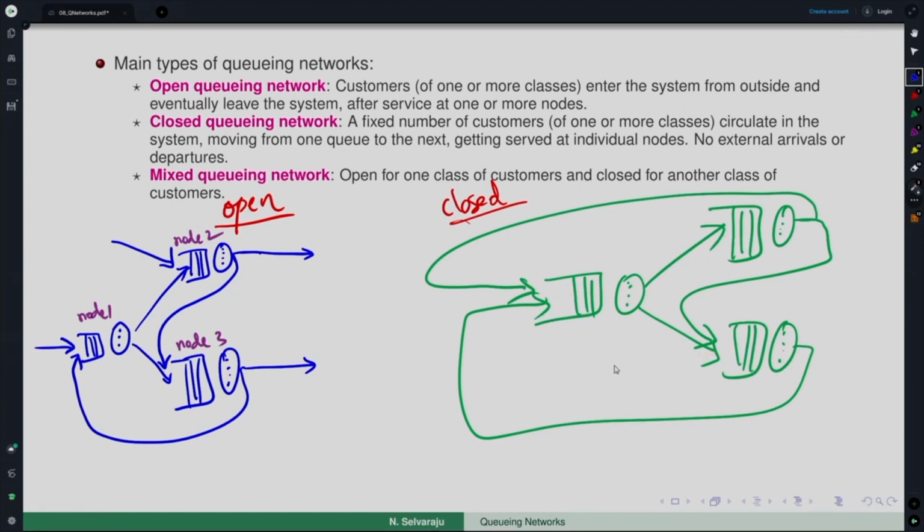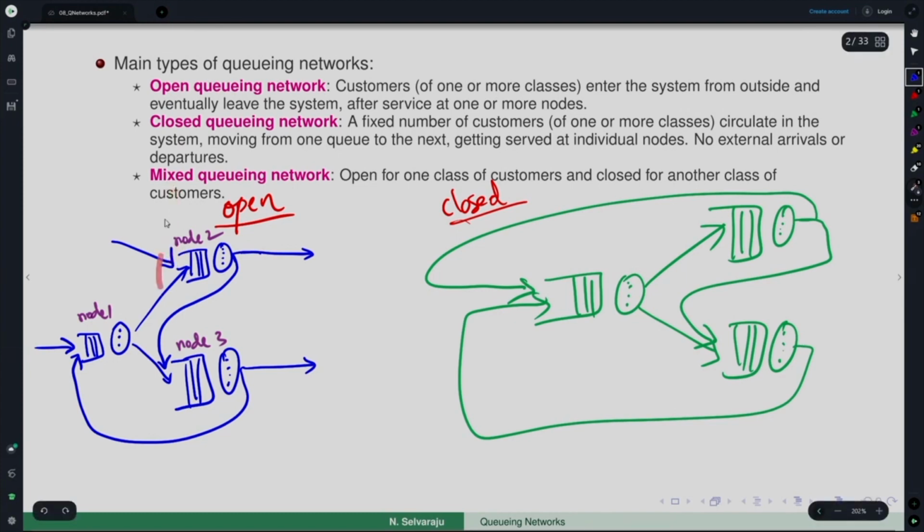But on the other hand, that is not really the case in reality, and if you want to bring that fact in, assume for the time being that node 2 is of finite capacity. Then suppose an arrival happens from the outside when node 2 is full to its capacity, this is something like a blocked arrival, as you have seen earlier. What happens, right.